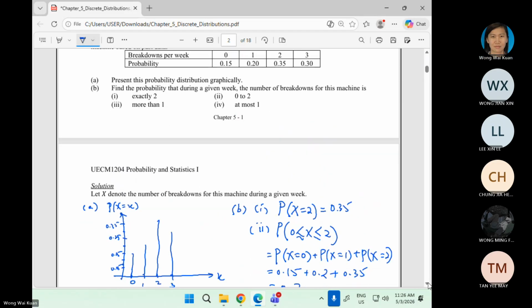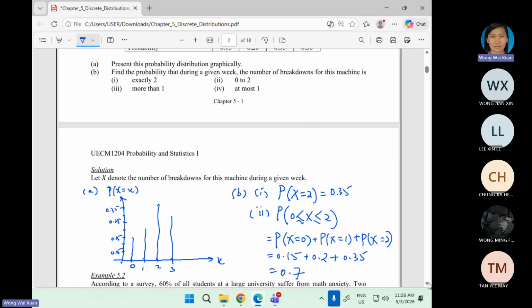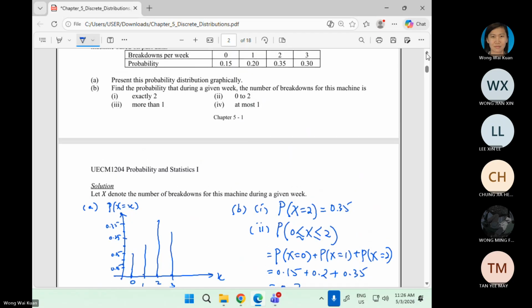Now, what about more than 1? Number 3, more than 1. More than 1 with equal sign or not? No, right? So not equal, so more than 1 we have 2 or 3, right?